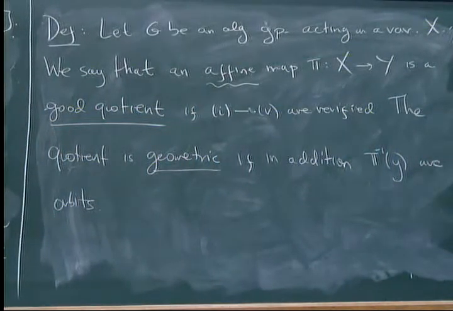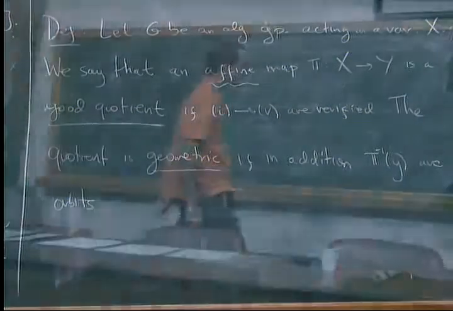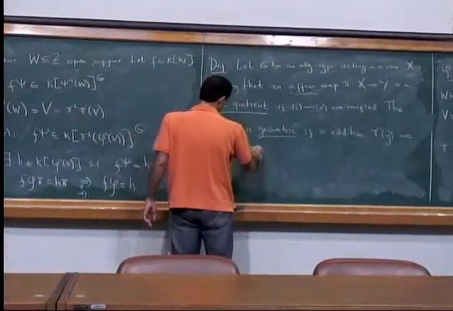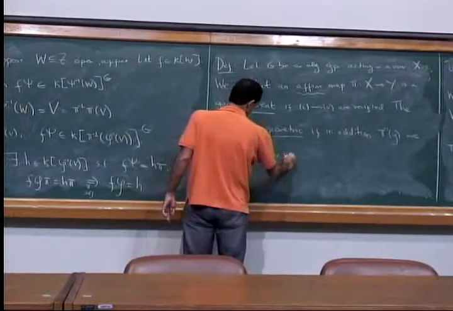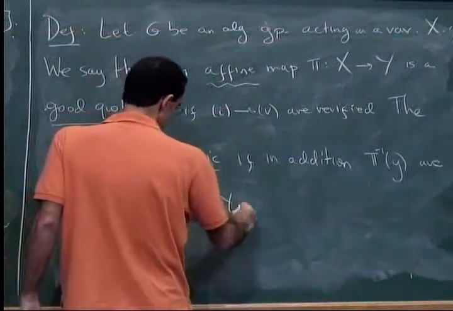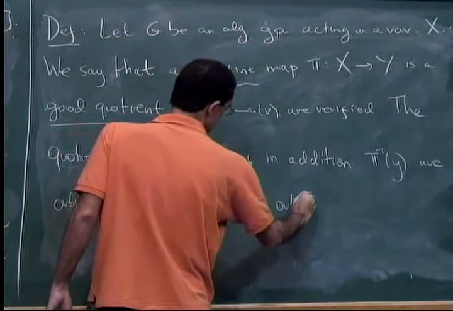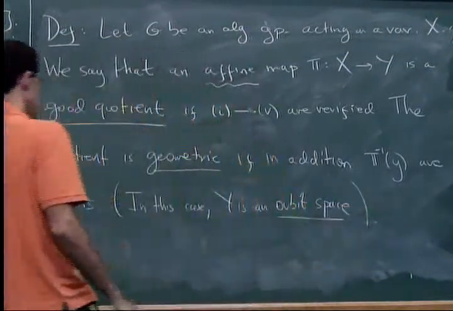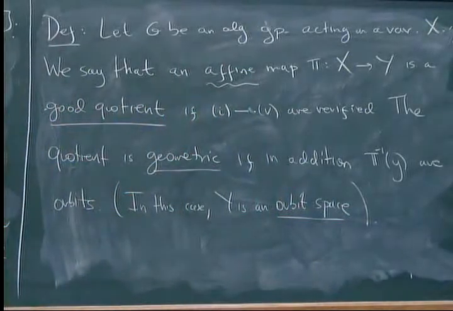As I said, it could be more than an orbit that you're collapsing, but we say that it's geometric if that's the case. And in this case, Y is an orbit space. You can take that as a definition, but it's clearly in bijection with the set of orbits, and it has a structure of a variety.